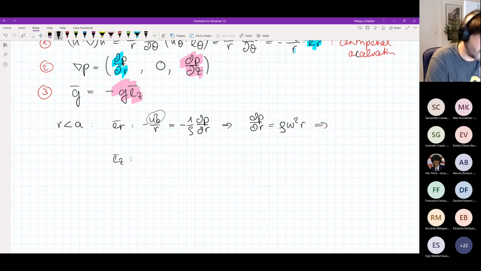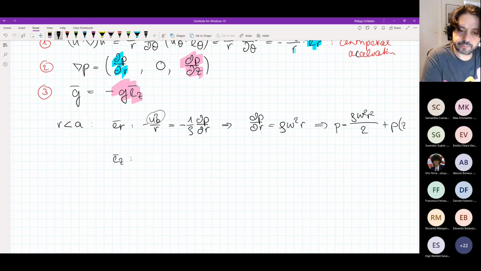And if I integrate this once with respect to r, then we get the pressure, because that's what we're interested in at the end of the day, is rho omega squared r squared divided by 2 plus p of z. So some dependence of the pressure as a function of z.